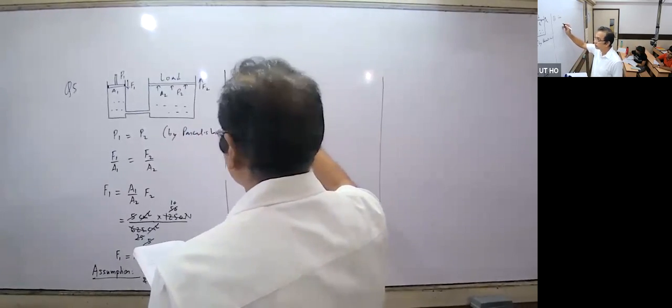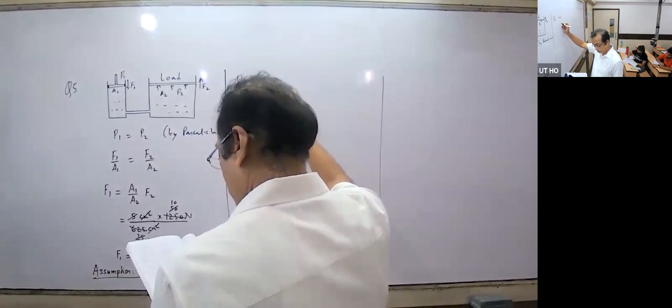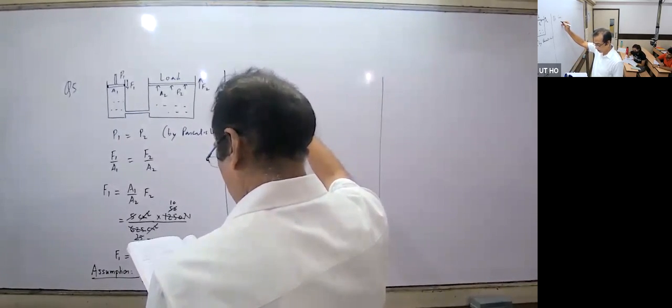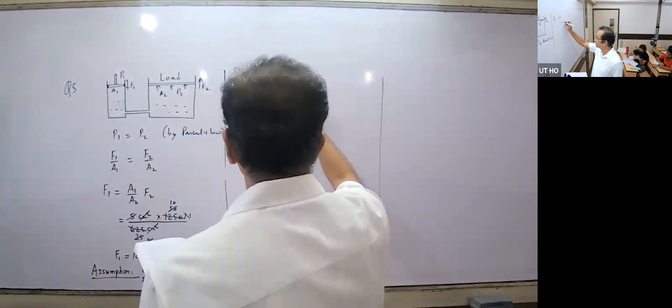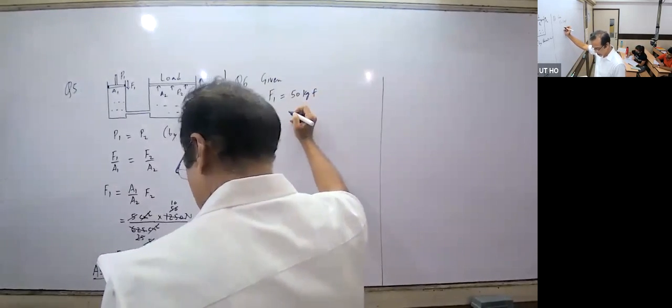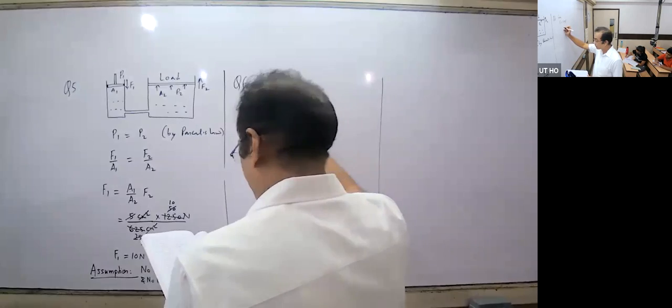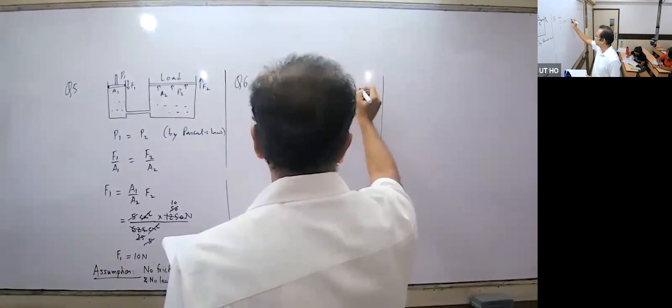Given: F1 is equal to 50 kg. F2 we have to find out.